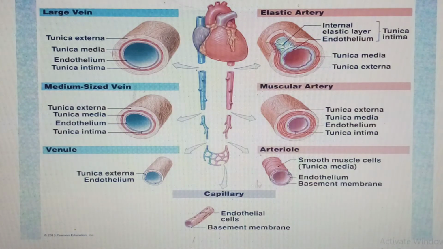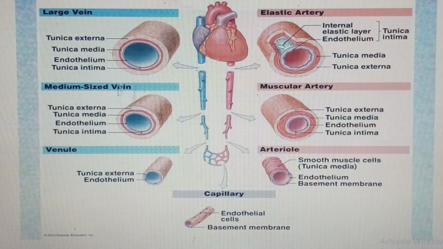Then from there it goes into the venule, then into the medium-sized vein, then into the large vein. The large vein could be the inferior vena cava or superior vena cava, for instance.